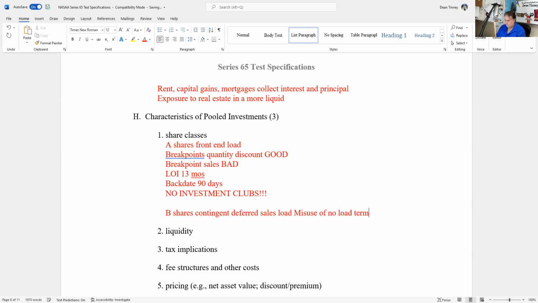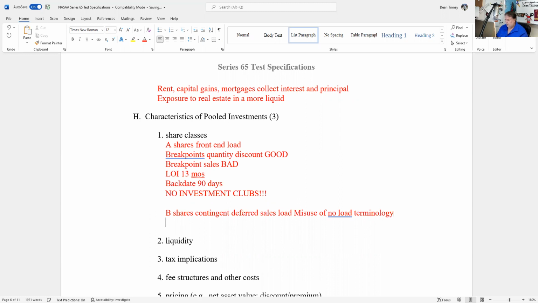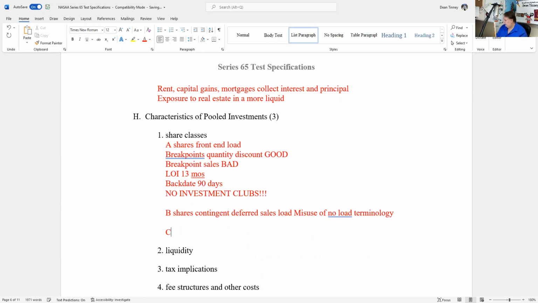What I charge you coming in or going out needs to be described as such. So those have a contingent sales charge, and then the C shares have a level load, but they have an annual fee, and that annual fee may or may not be a good idea. What I mean by that is that annual promotional expense, typically we call that a 12b-1 fee, is an ongoing expense.